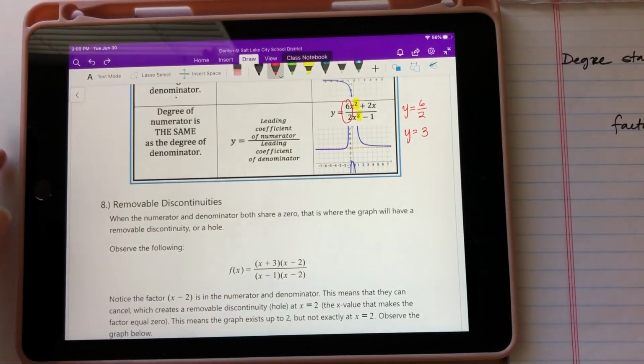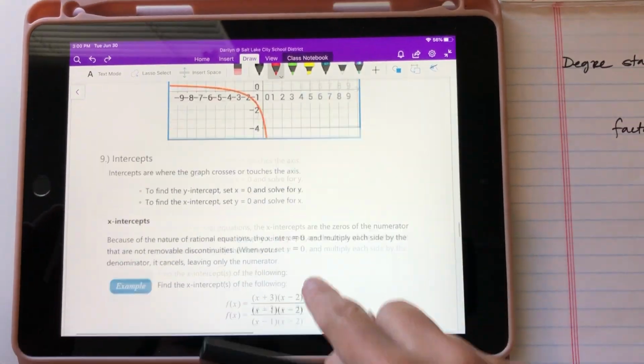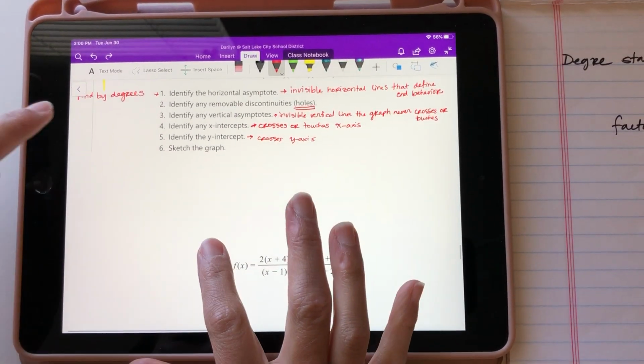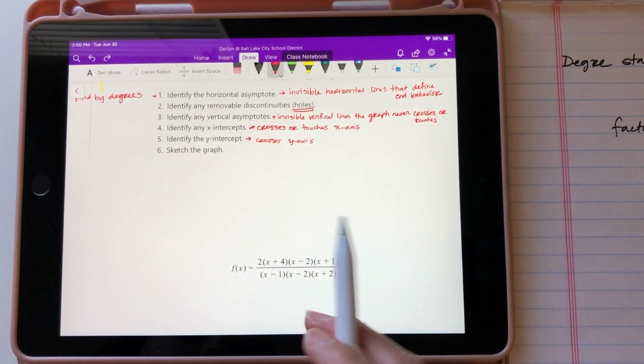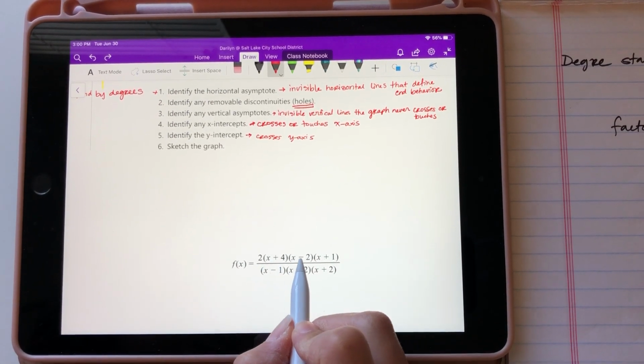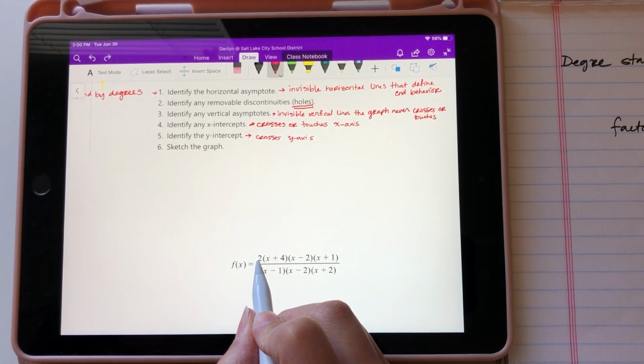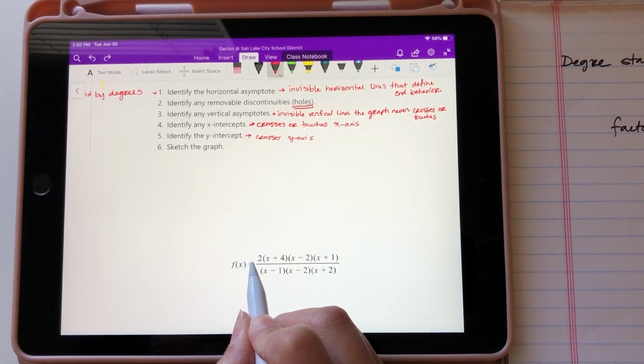All right, so now let's go back to the example that we're working with, because we want to find the horizontal asymptote because it depends on the degree. So I look at this numerator here. I notice there is no x out front, so I'm not going to count that as a degree. If that had an x there, I would count it towards the degree, but it doesn't.